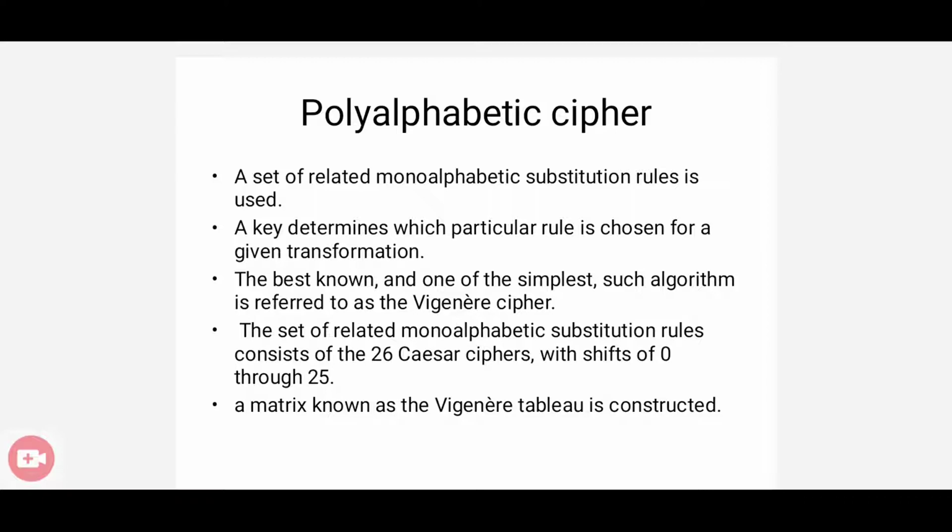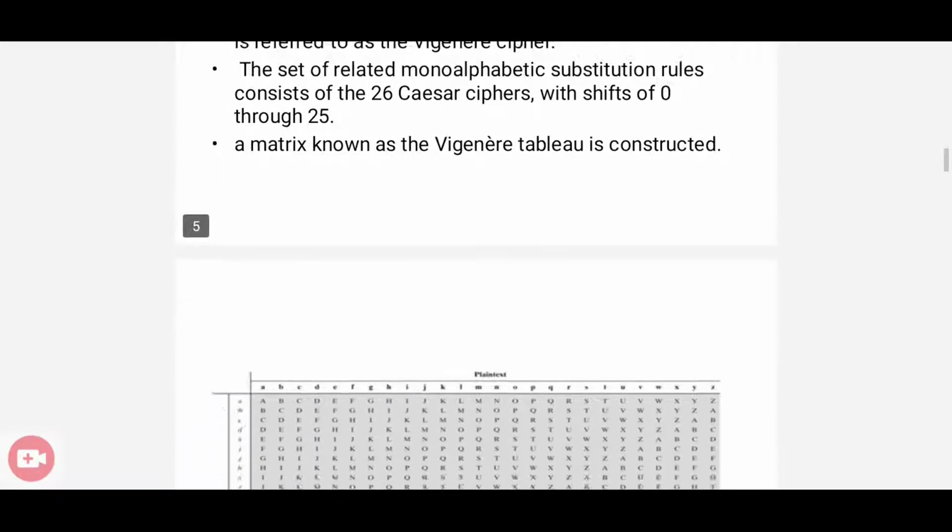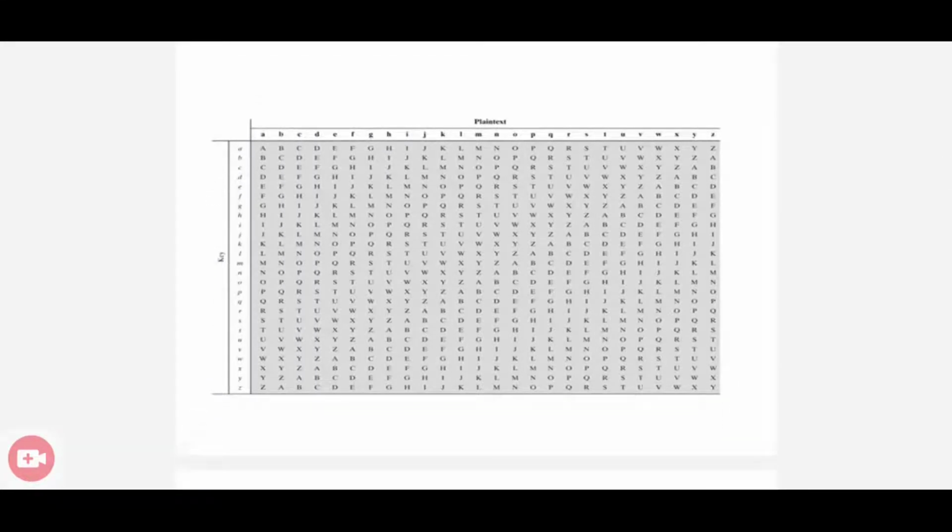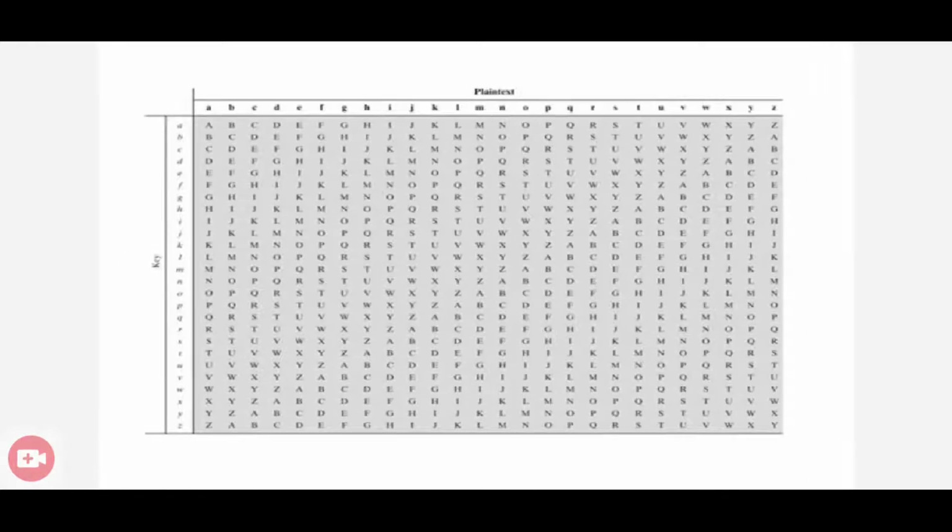That is the Vigenere cipher, in which the Vigenere table is used. What do you mean by a Vigenere table? This is the structure of the Vigenere table. In which we have a table of plain text versus key.